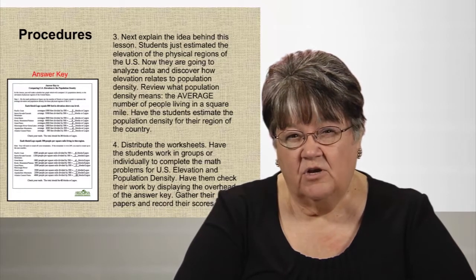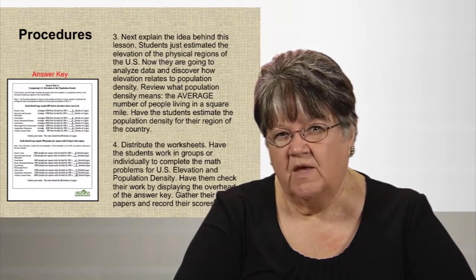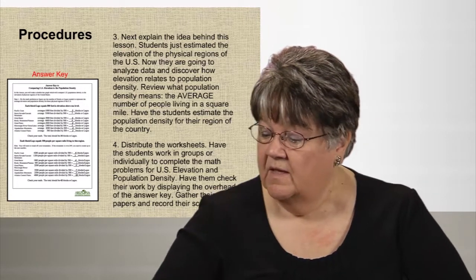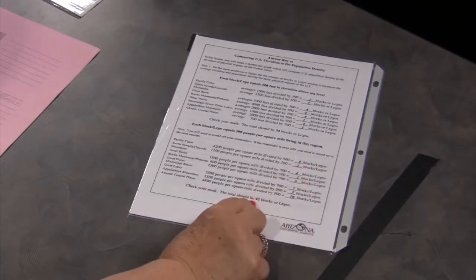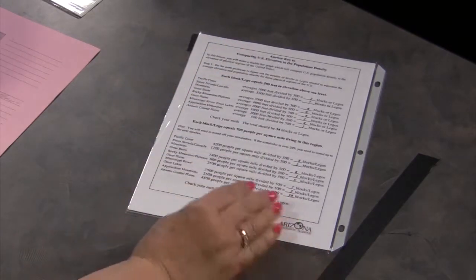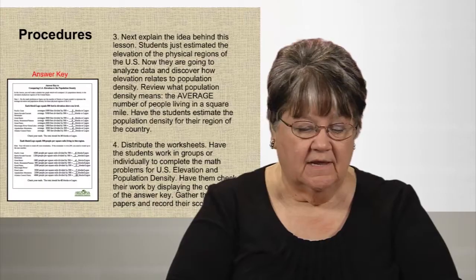Divided by 500 would be 3 blocks, but you have a 300 over 500 remainder, so we'd have to round up to 4 blocks. When they complete these problems, they should see that there are 42 blocks total that they need for Legos to do the population density. All right, so they have done their division, and they now have double-checked themselves with the amount of Lego blocks that they need.